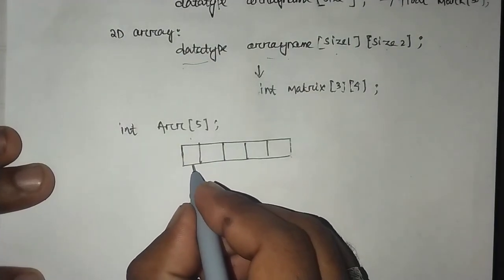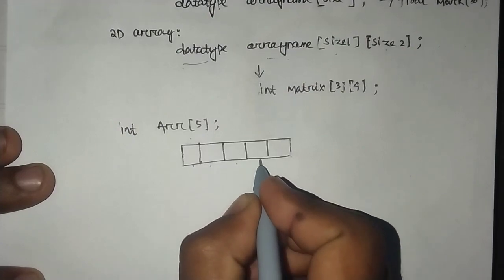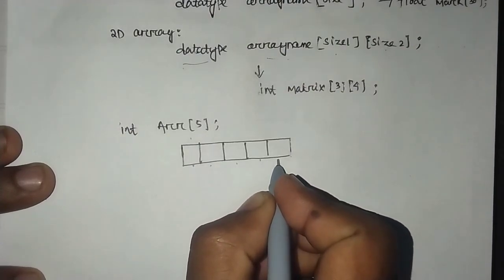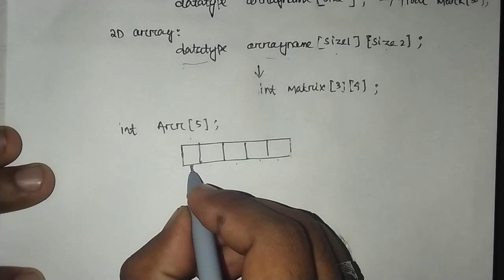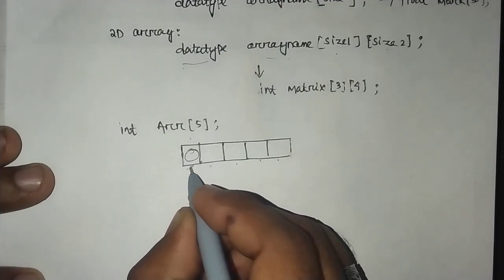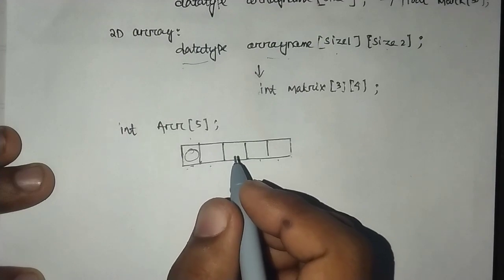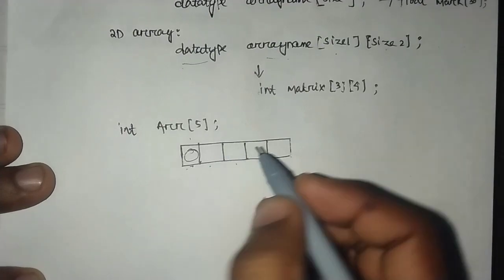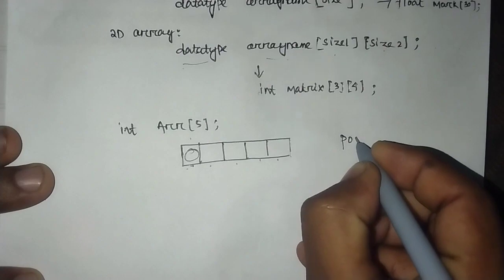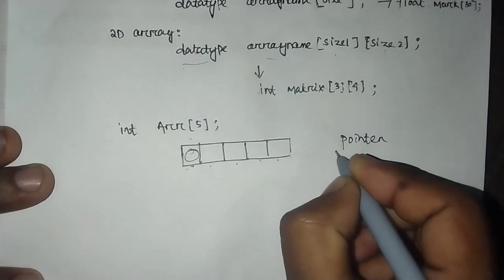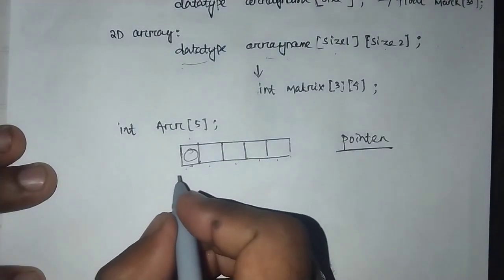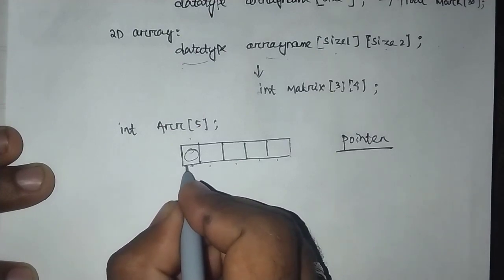Each position is defined by its indices. We can access these values, these positions, by their indices. For the position address, later in this course we will discuss pointers, so for now we are discussing their index.